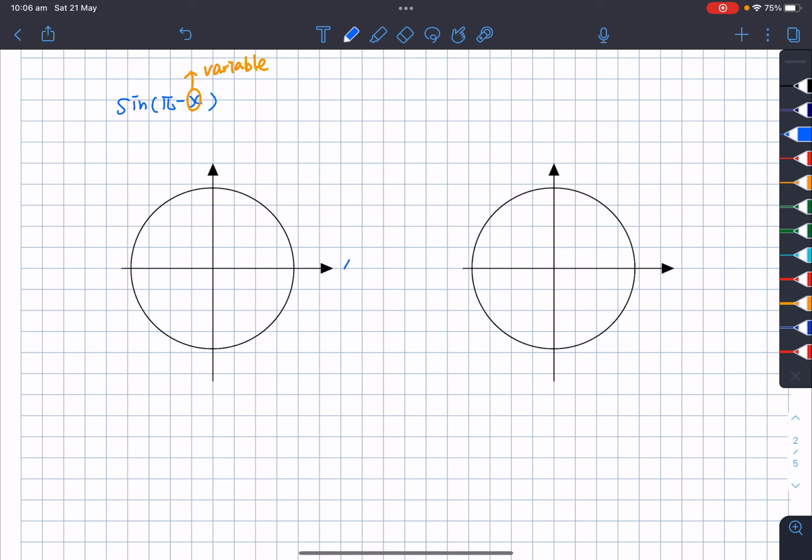Start from the positive x-axis. The point P moves to here. Where should pi minus x be? Pi minus x goes backward, right? Minus x means backward. So now the point P will be here.